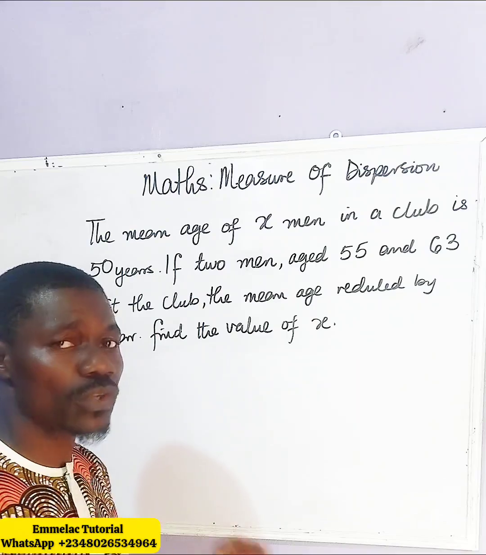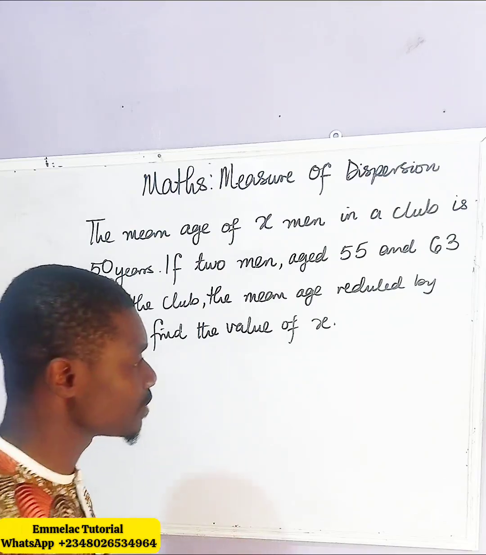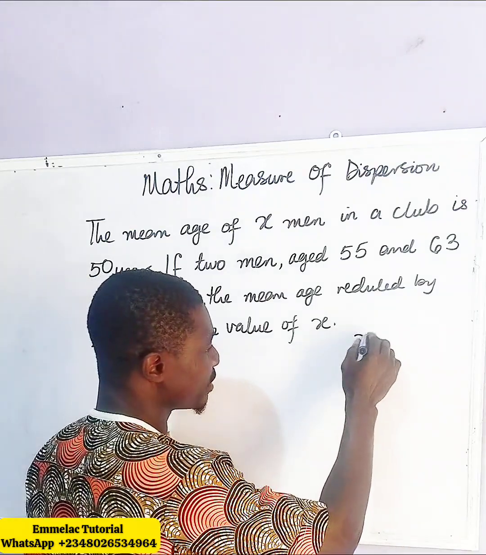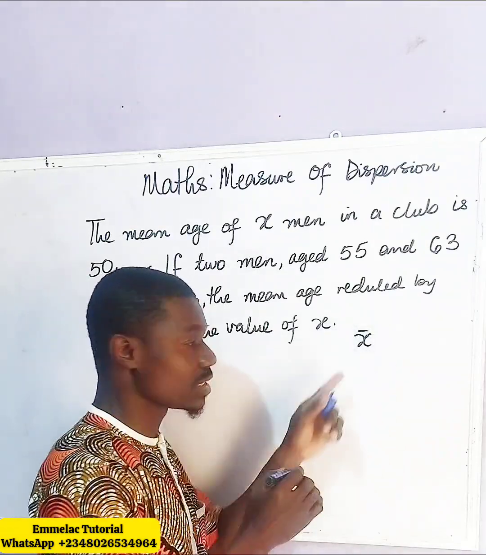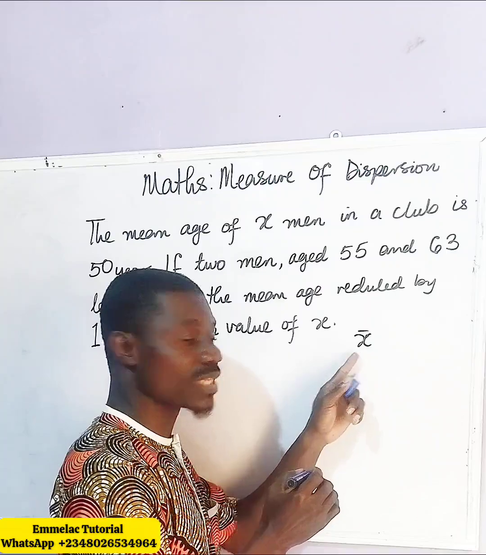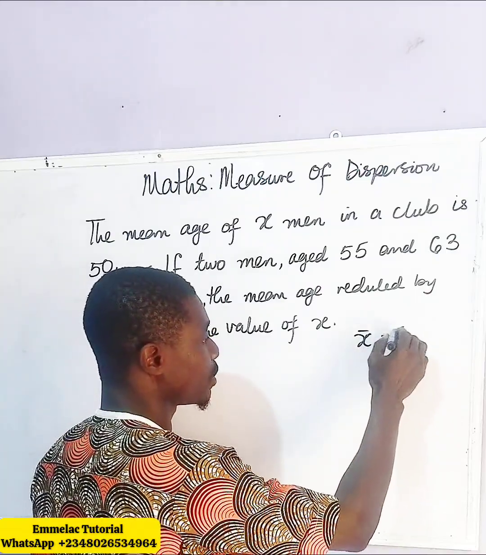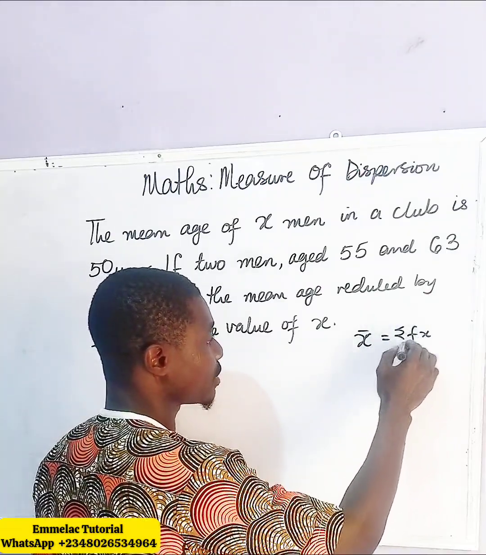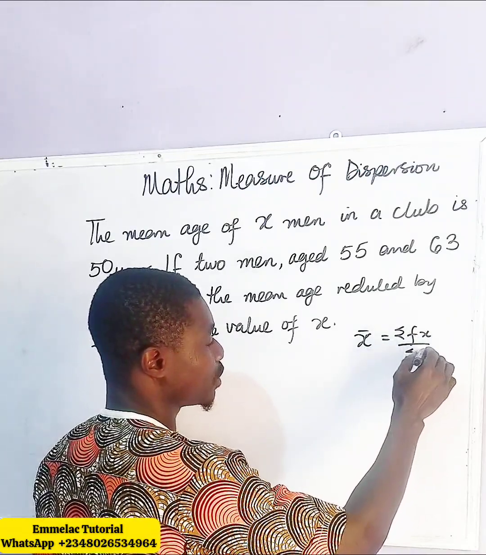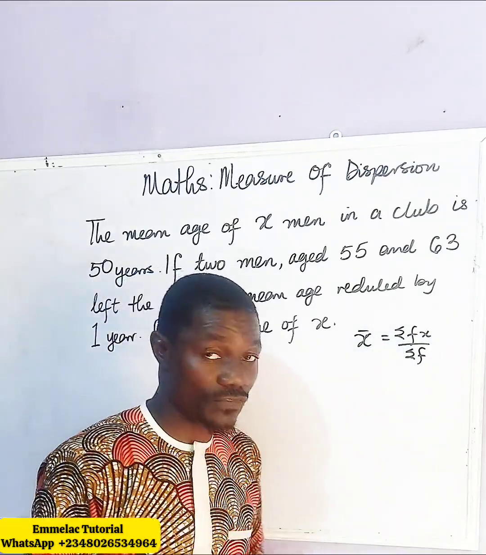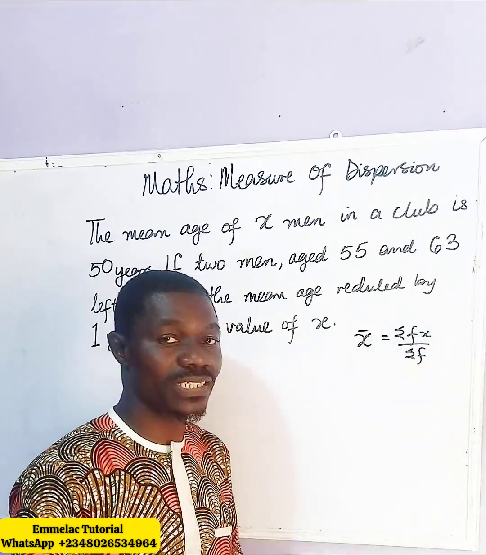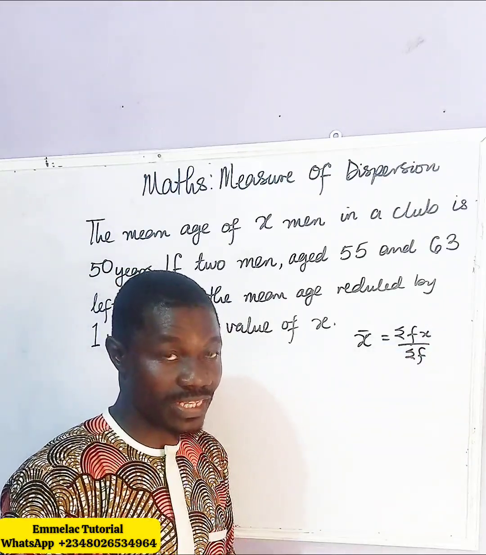Now let us recall that according to statistics, the formula for mean, which is symbolized as x̄, equals summation of fx all over summation of f, where f is the frequency and x is the data given.